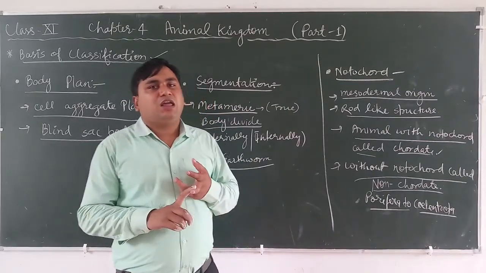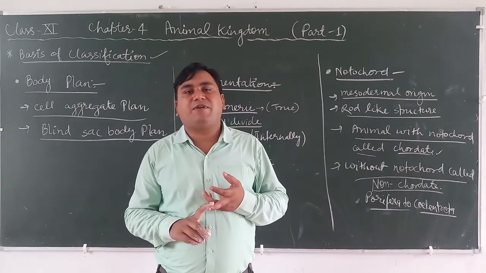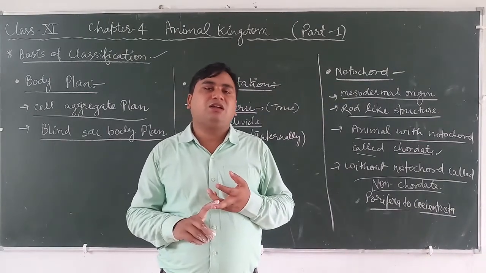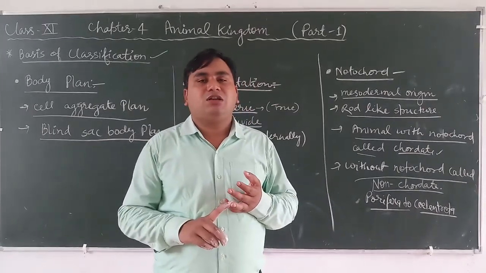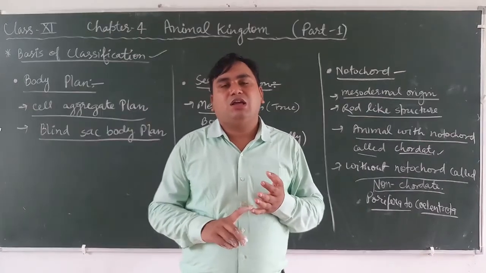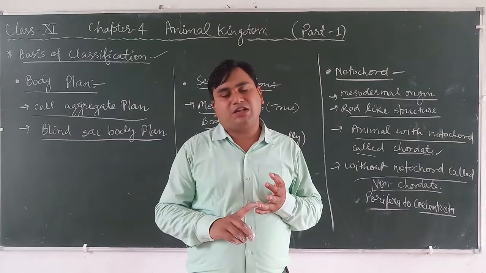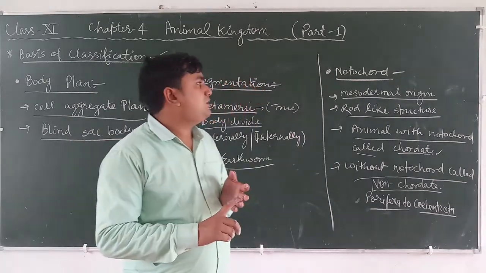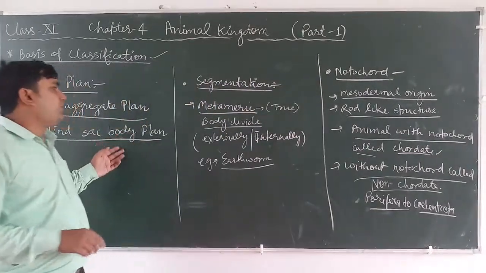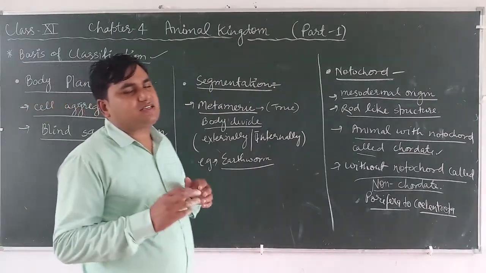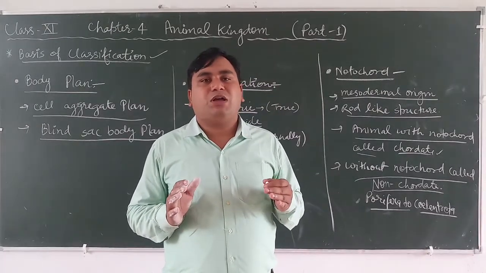These are all about the basic level of organization of animal, in which we learn about the body symmetry, pattern of body cavity, coelom, and triploblastic and diploblastic organization, segmentation and notochord, presence of notochord, absence of notochord, body plan and etc. We learn in the basic level of organization of animal in this chapter, animal kingdom.